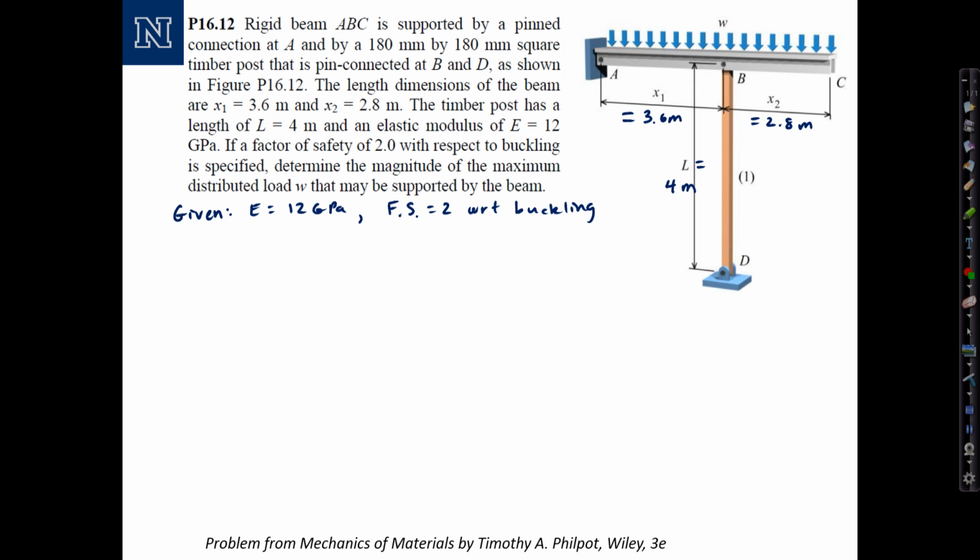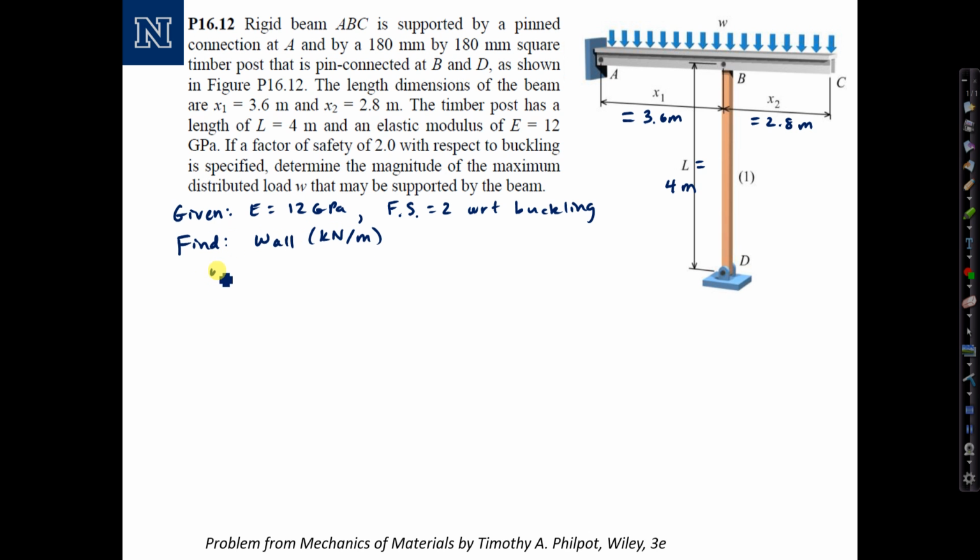And we're asked to determine the magnitude of the maximum distributed load W that may be supported by the beam. So we want to find W allowable, and given the units, meters, let's find that in kilonewtons per meter.